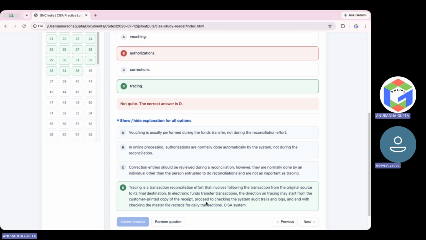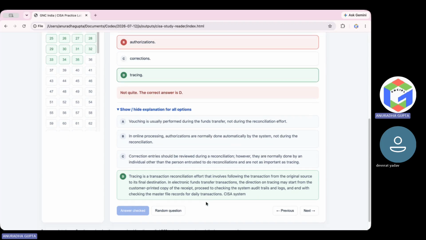Then there are multiple steps, and the transaction goes through an entire life cycle and path. I am actually not aware of that, and it is not in scope. But the thing is, tracing is a part of the reconciliation process.